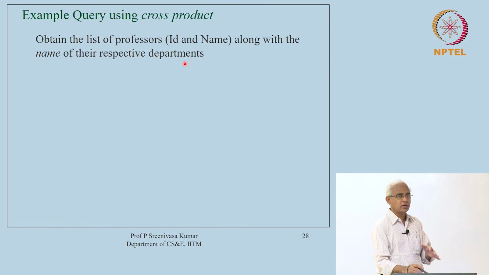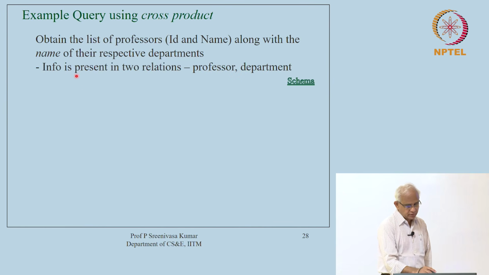And there is a foreign key in professor that refers to the department relation, and so you need to combine this information and then obtain the name of the department. So, the required information is present in two relations, the professor and the department.